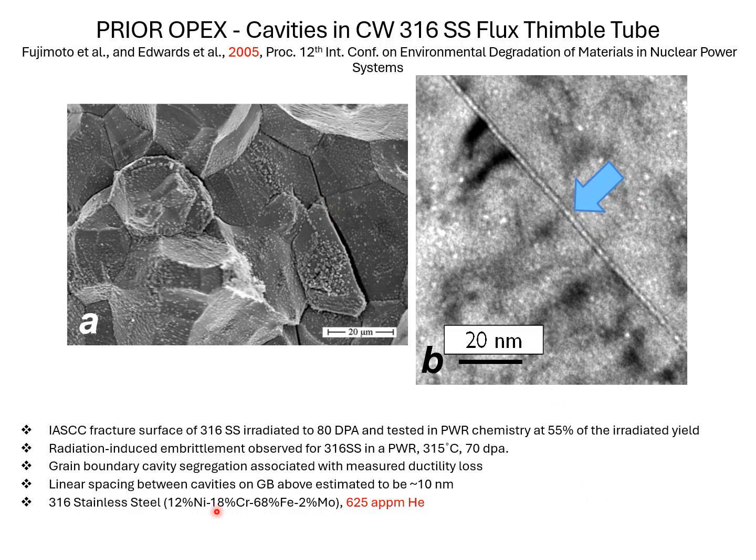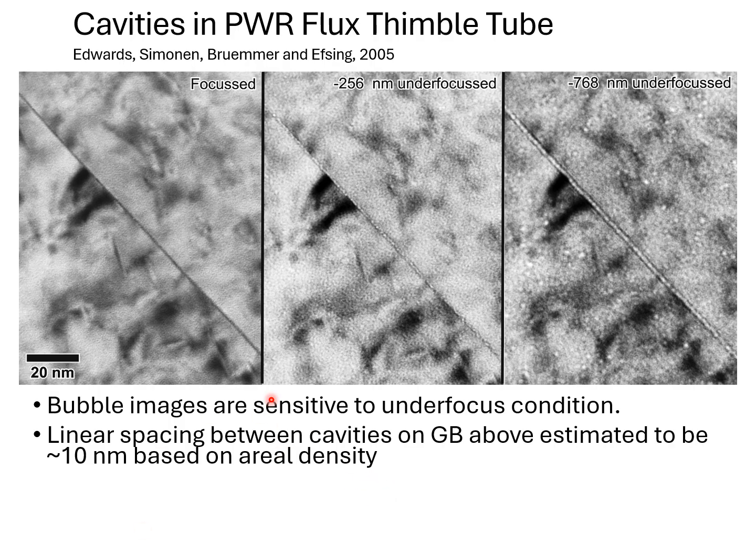At the time this came out, it was kind of a revelation in the mid-2000s. It was believed that people were missing the fact that a lot of grain boundaries were decorated with cavities because they hadn't gone through focus.